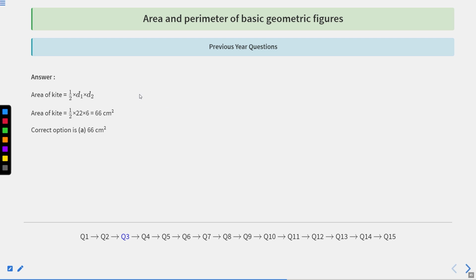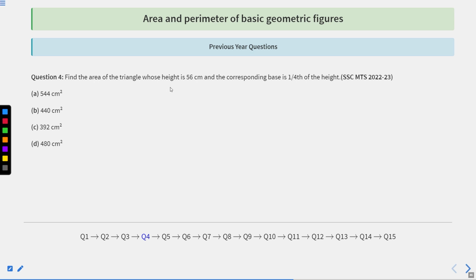The formula to find the area of a kite is half into length of first diagonal into length of second diagonal. The area of kite will be equal to 1 by 2 into 22 into 6. On simplification, it will be 66 centimeter square. So the correct option is A, and that is 66 centimeter square.